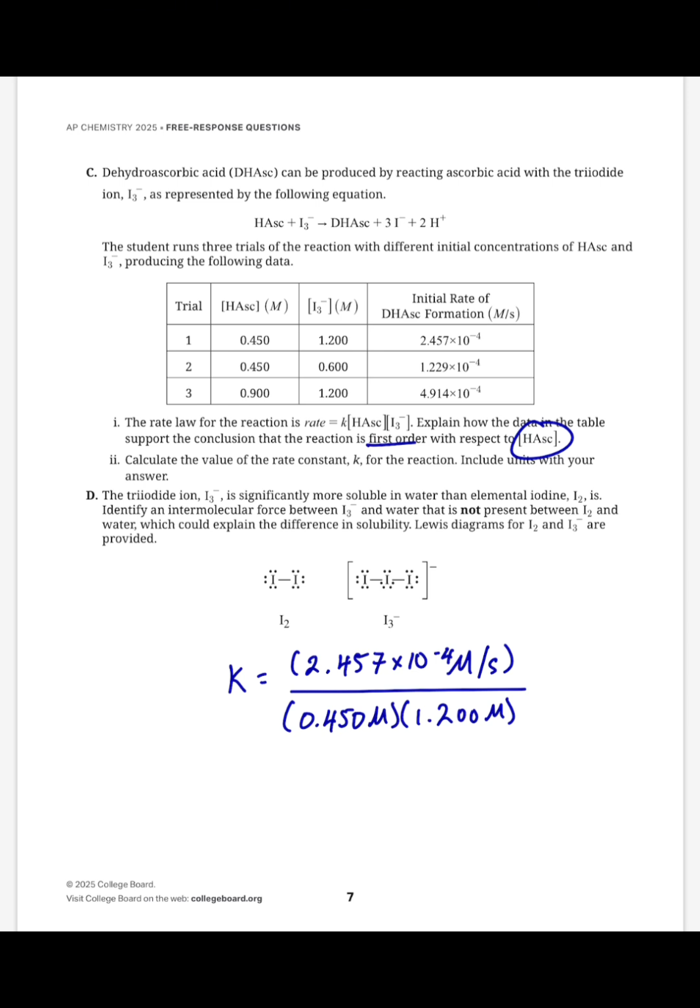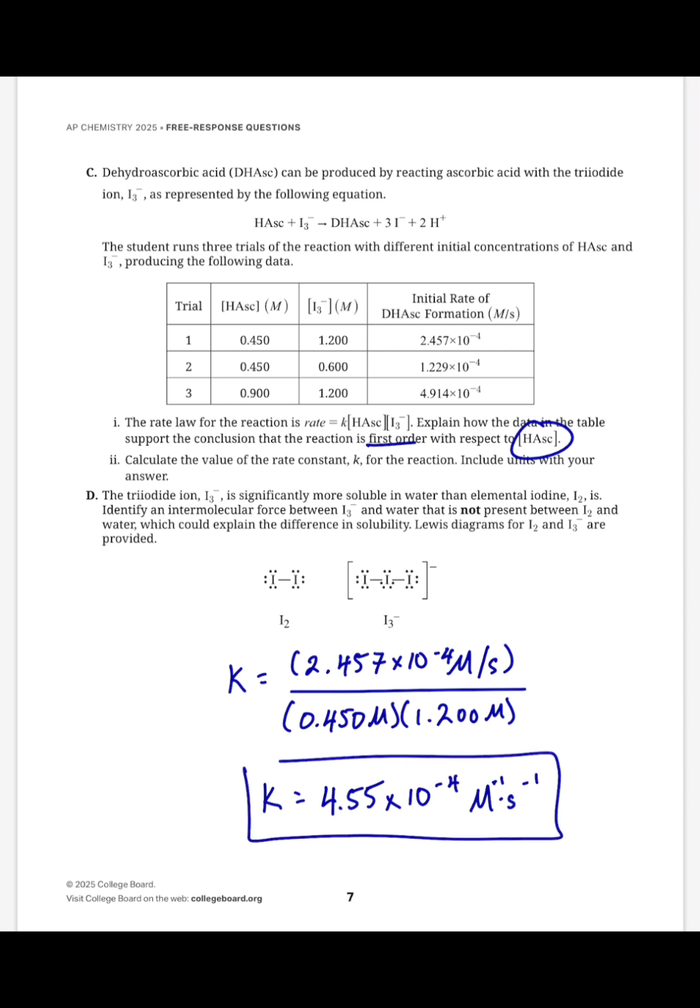And then we get molarity squared in the denominator, and molarity divided by seconds in the numerator. So in terms of our units, it's going to come out to be molarity times seconds, both to the negative first power. And for the actual value, we end up getting 4.55 times 10 to the negative fourth power. And so that's our answer there.